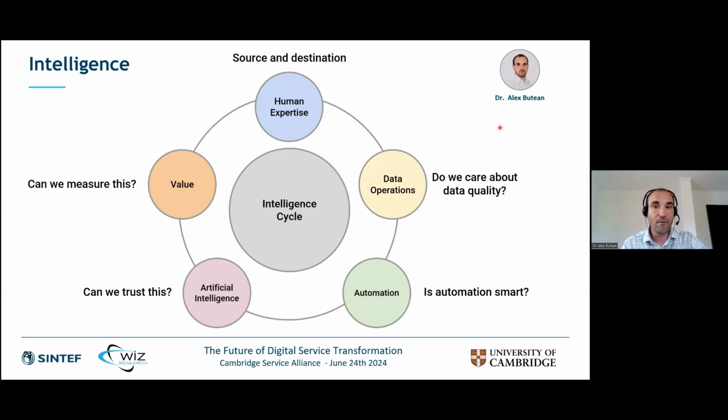Because everything follows this process. If our data doesn't have enough quality, then we're going to jump to automation, and so on and so forth. So if we have a broken foundation, then of course the projects for digital transformation are going to suffer.